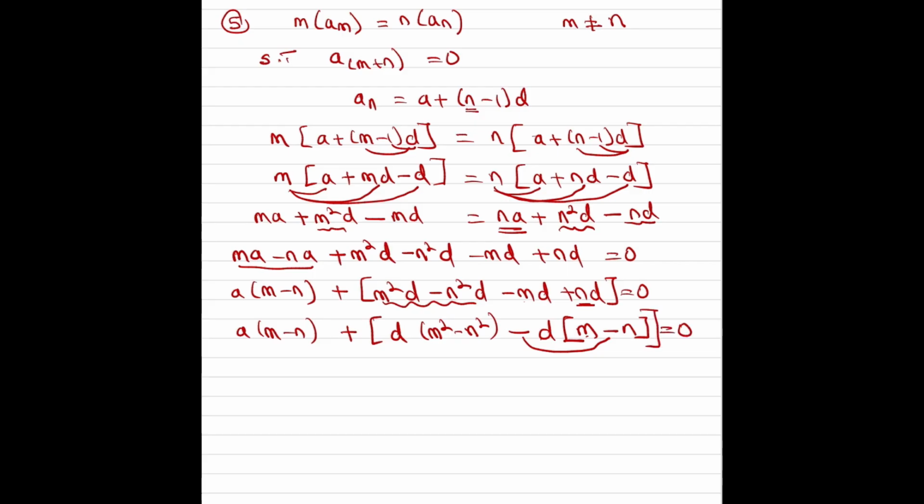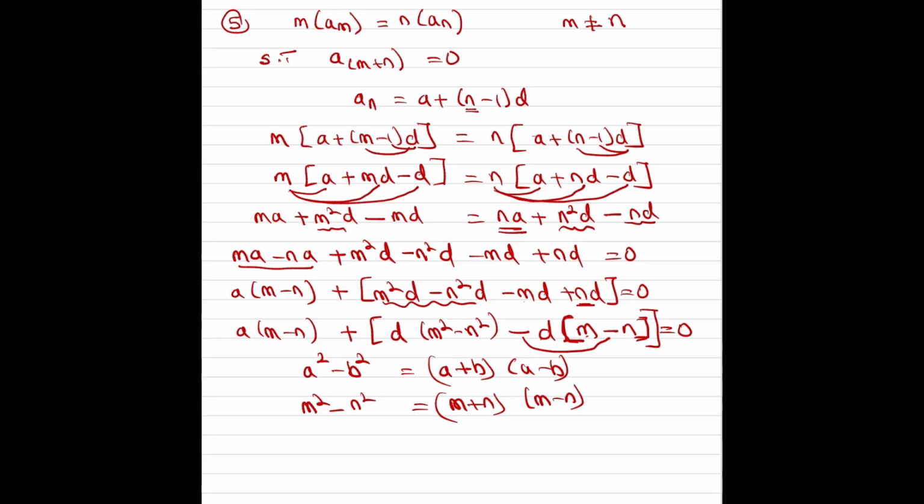Next, we know the general formula a square minus b square equal to (a plus b) times (a minus b). So m square minus n square equals (m plus n) times (m minus n).